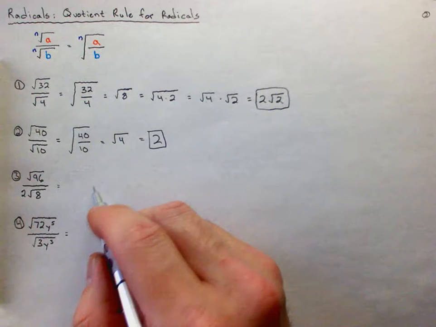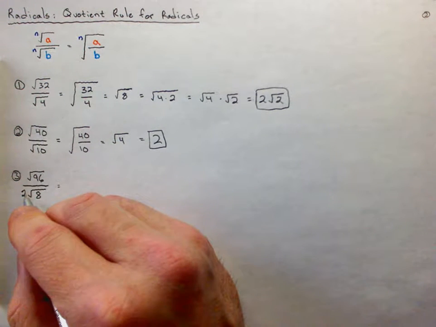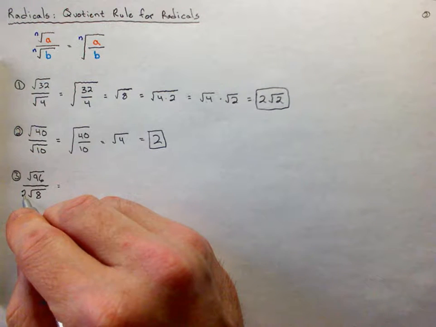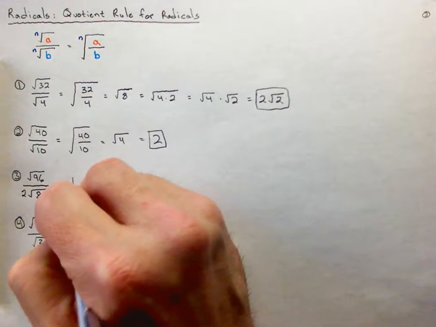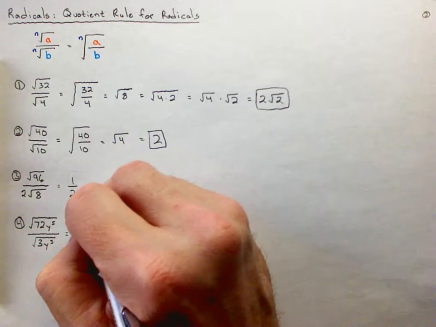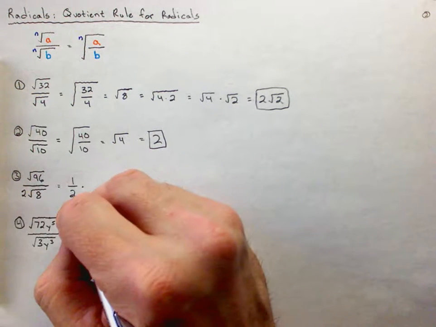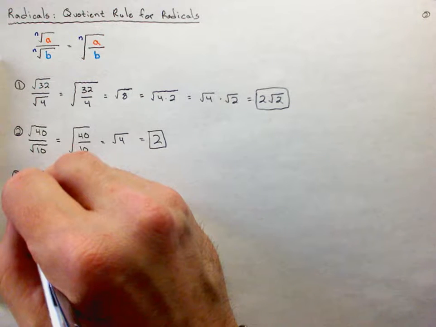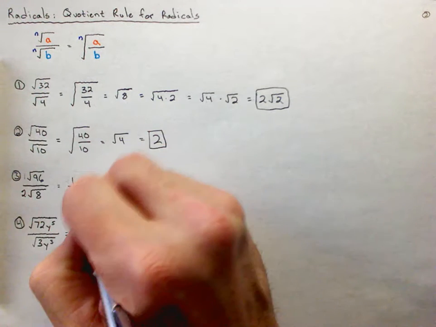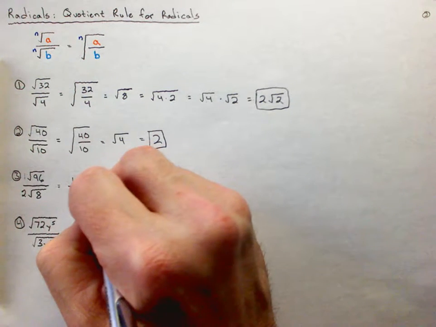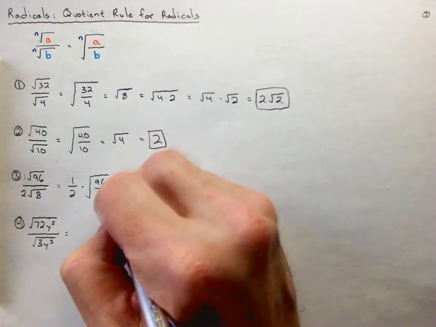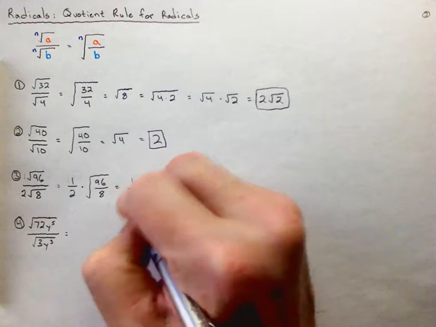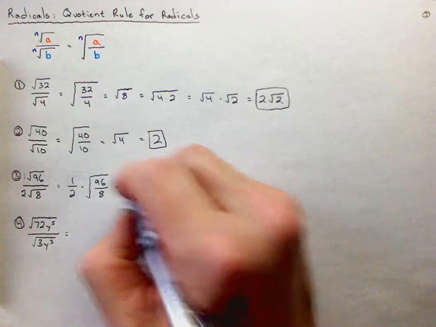Okay, for the next one, notice I have a 2 in front of this radical. How I'm going to view that is simply as 1/2, because that 2 is in the denominator. There's an understood 1 right there. So I have that times the radical of 96 over 8. And 1/2 times, how many times will 8 go into 96?